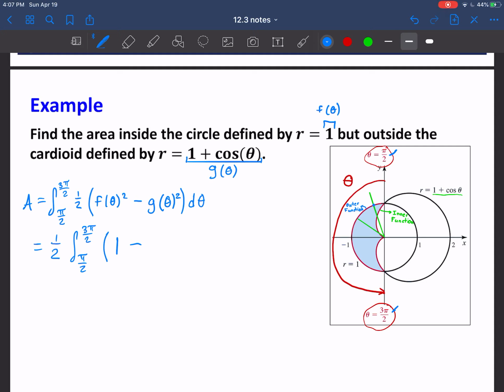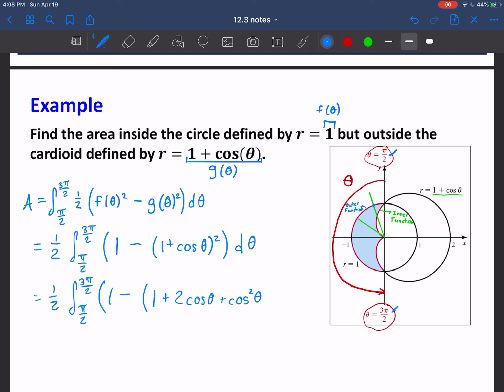And g of theta squared is 1 plus cosine theta quantity squared. All right, so let's continue that. So we're going to get 1 plus 2 cosine theta plus cosine squared theta d theta. There is this minus sign up front, which we'll distribute to each one of these pieces.